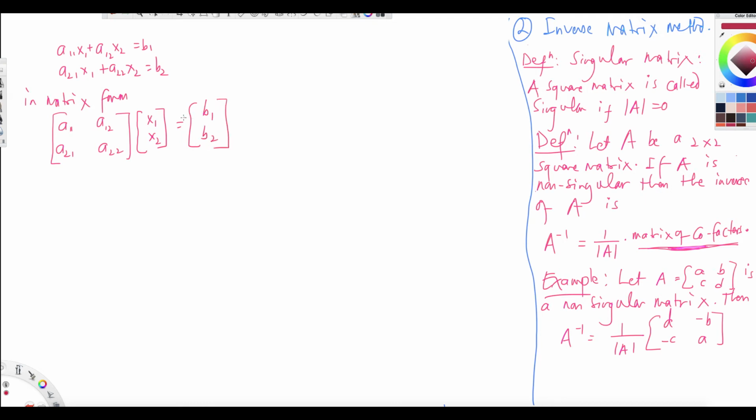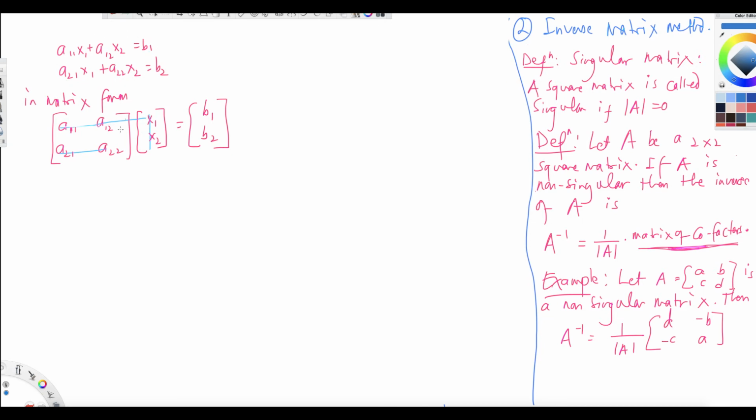How do we multiply the two matrices? a11 times x1 plus a12 times x2, and similarly a21 times x1 plus a22 times x2. You get exactly the same thing on the left side, and on the right side b1, b2. So this is the matrix form of this pair of equations.